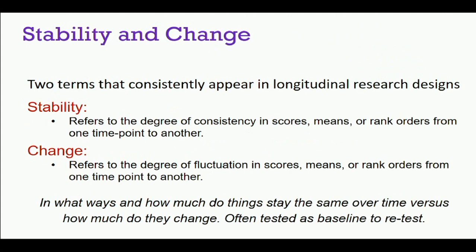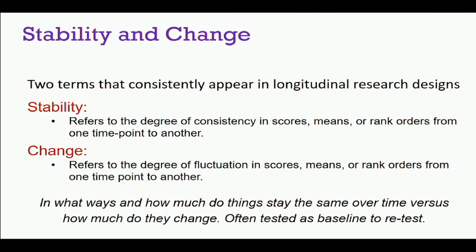So another two concepts that we need to be familiar with are these two terms, stability and change. Stability refers to the degree of consistency, how stable they are in their actual score, or the mean of a group, or the rank ordering of the participants from one time point to another. And change refers to the degree of fluctuation in scores, means or rank orders from one time point to another.